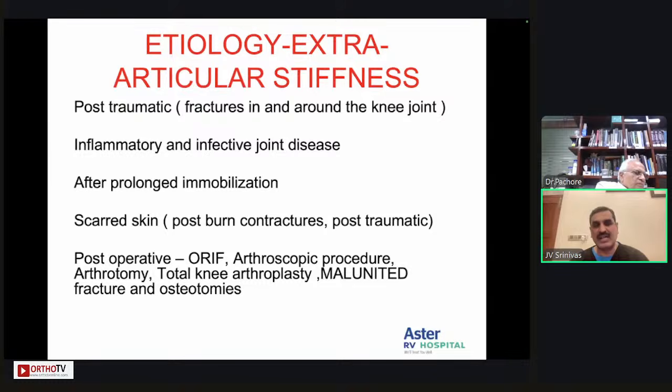Remember, it is extra-articular stiffness, and in rare situations, a scarred skin. It can be a bone contracture, post-trauma, multiple scars. These scars prevent the range of movement and cause a stiff knee.